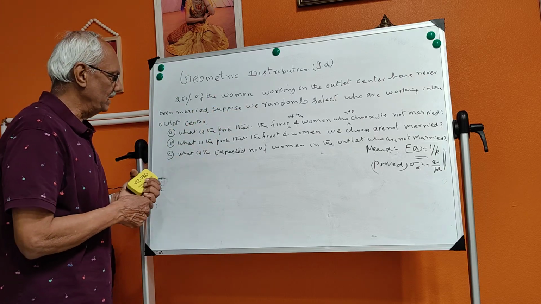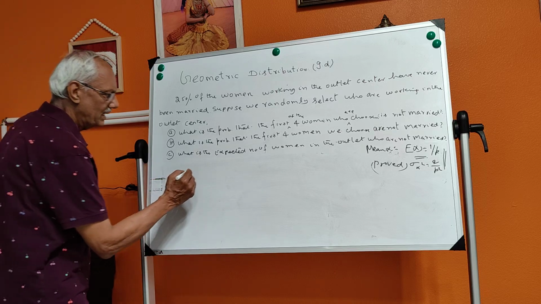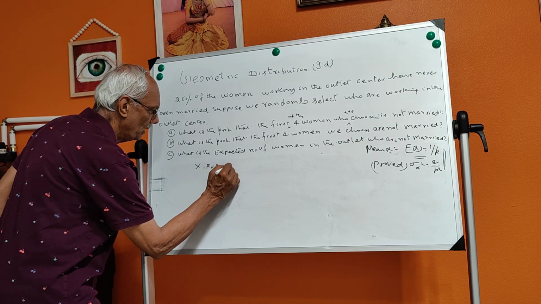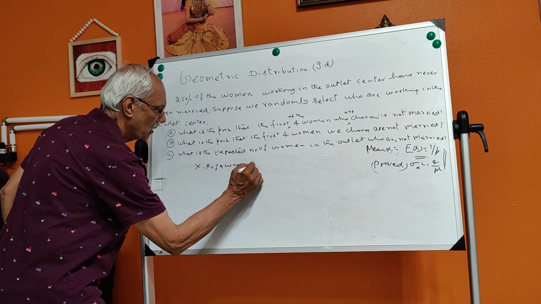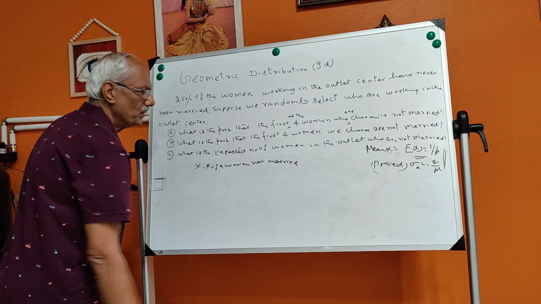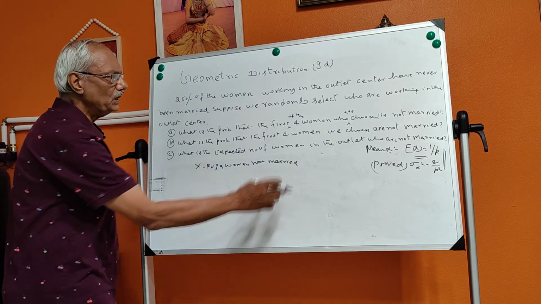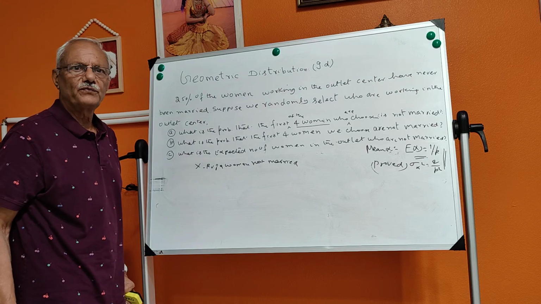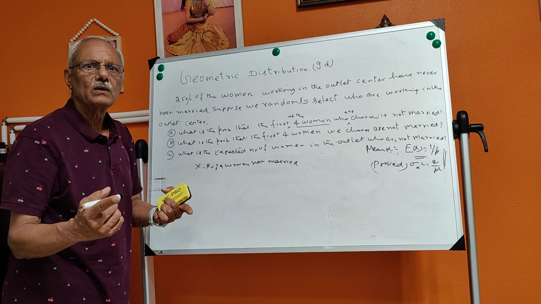So X is a random variable of a woman not married. Here four women are taken. What is the probability of the first woman to be not married?